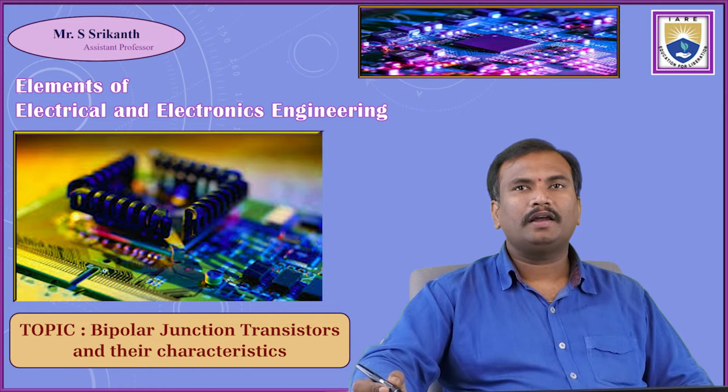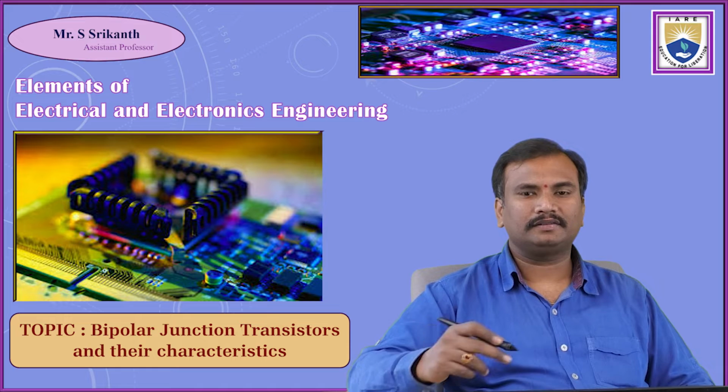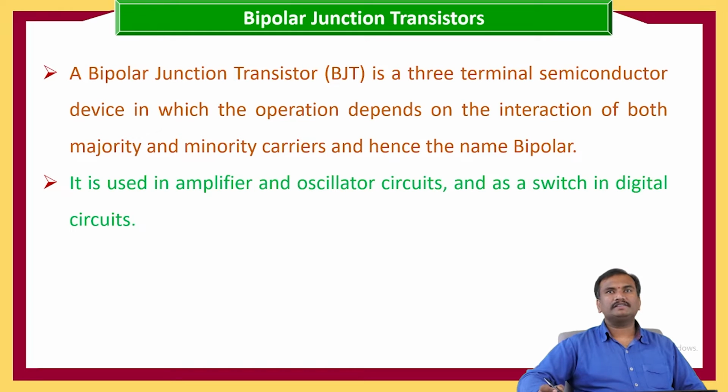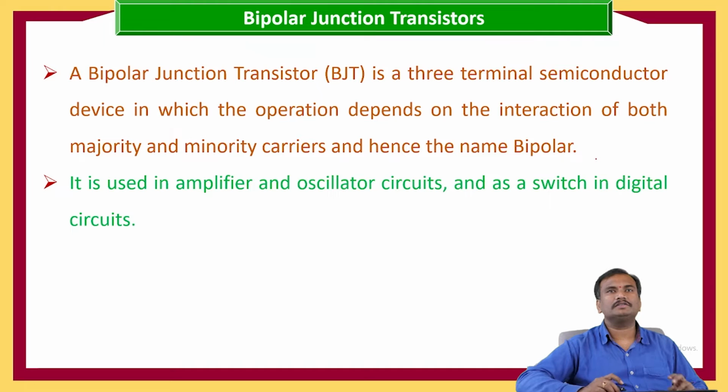In this session, I am going to cover the bipolar junction transistors and their characteristics. A bipolar junction transistor is a three-terminal semiconductor device whose operation depends on the interaction of both majority and minority carriers, and hence the name bipolar, because of majority and minority carriers in both the junctions.